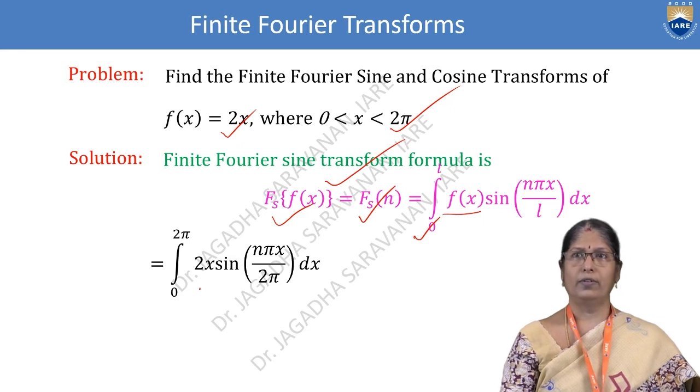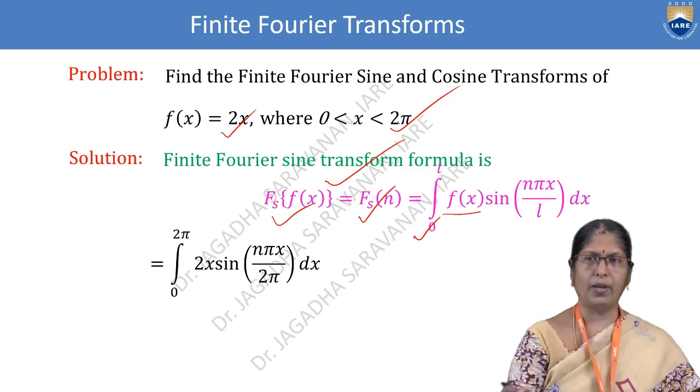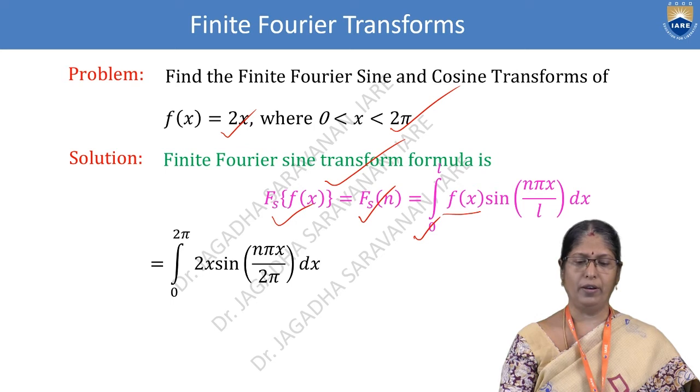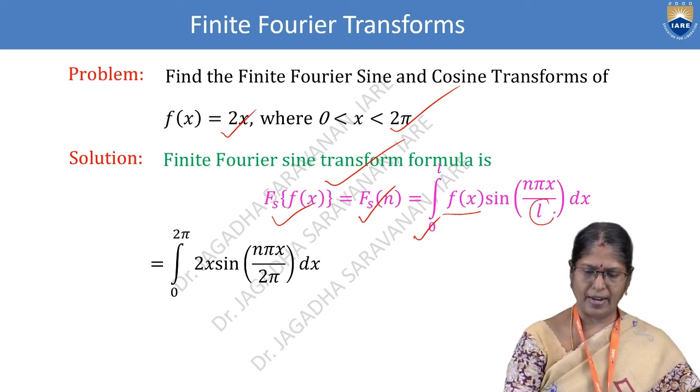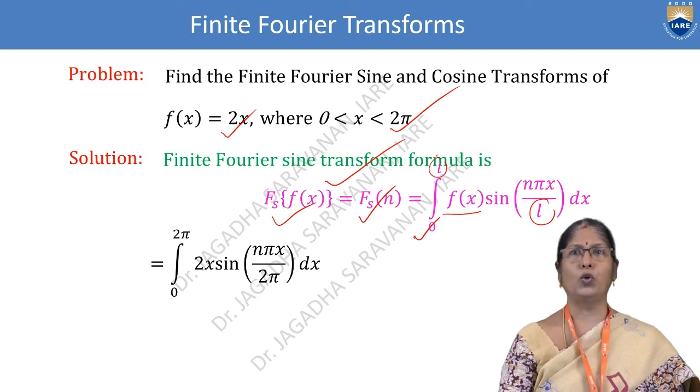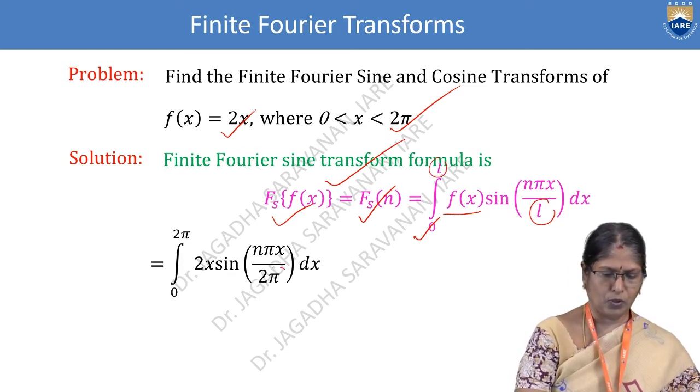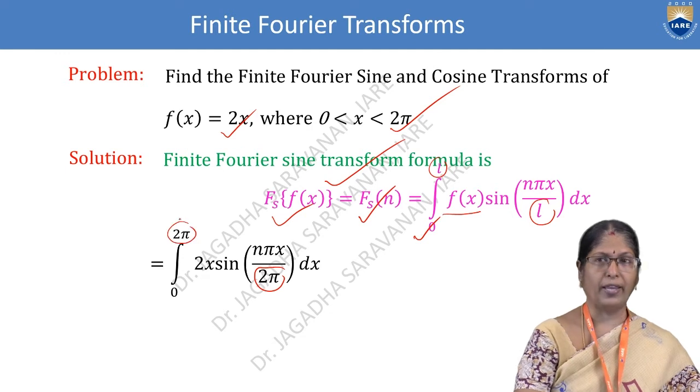Now, in our given problem, x lies between 0 and 2 pi, so L is replaced by 2 pi. In the two places, 2 pi is written.